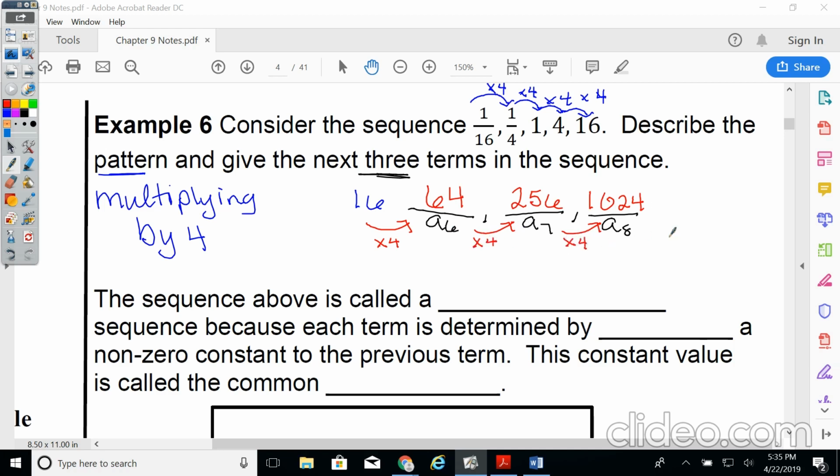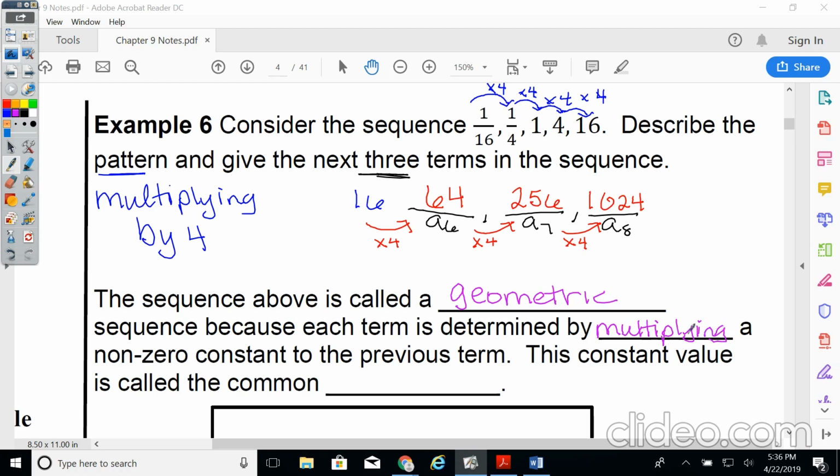Just like the other one, it's going to have an explicit formula, but that one you have to know the formula, so we'll get to that in a second. This sequence is called a geometric sequence, because each term is determined by multiplying a non-zero constant to the previous terms.